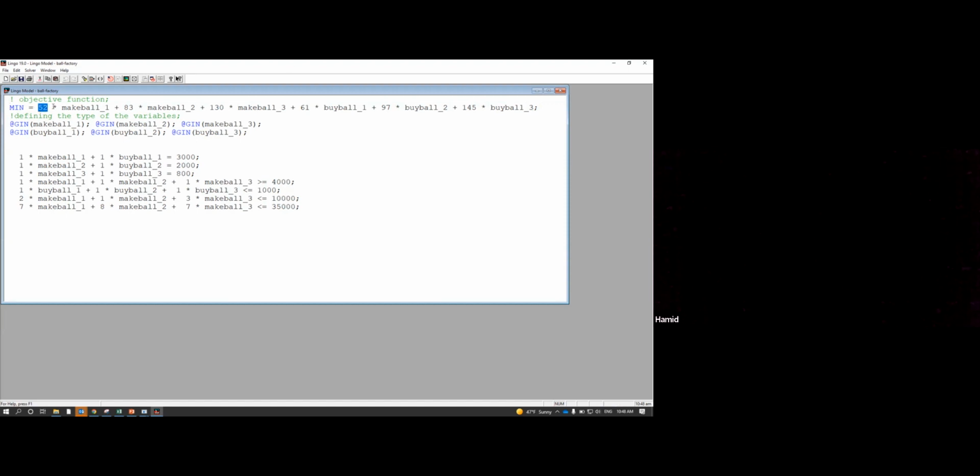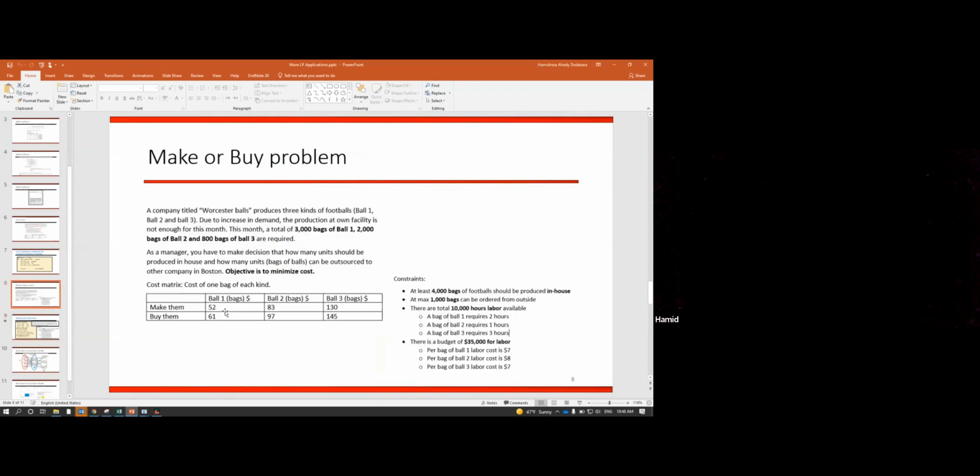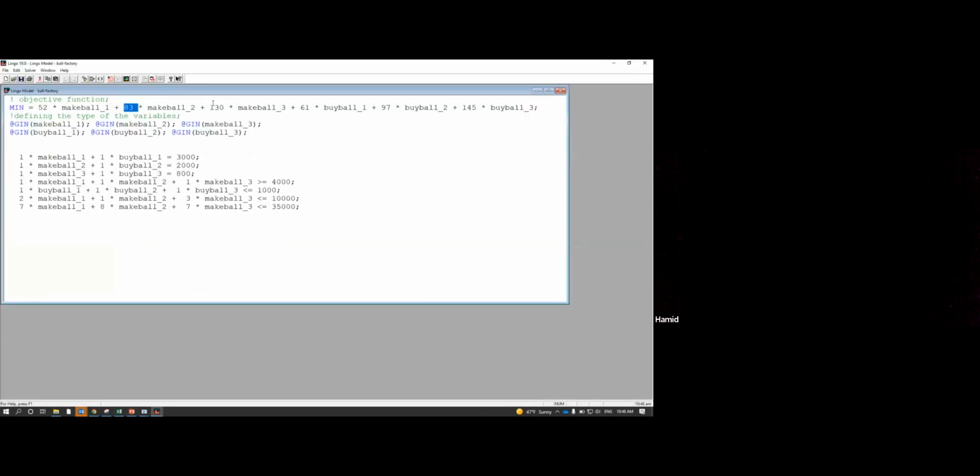So that's the reason I have a different coefficient for each of my decision variables. Going back here, those decision variables come from this table. Based on what you decide about your decision variable, you might have a different cost amount, and this coefficient comes from that.